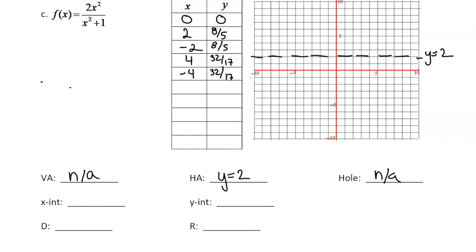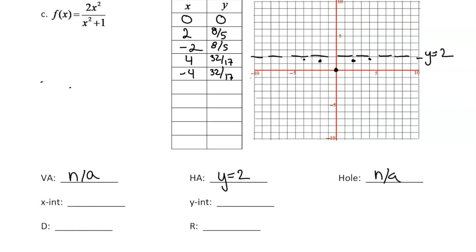And so based off of that, we can say we would have (0, 0). We'd have (2, 1.6), (-2, 1.6), and then the 4 is going to hover just below 2, knowing that 34 over 17 is 2, 32 over 17 is going to be just less than 2, so be right around here or right around here.